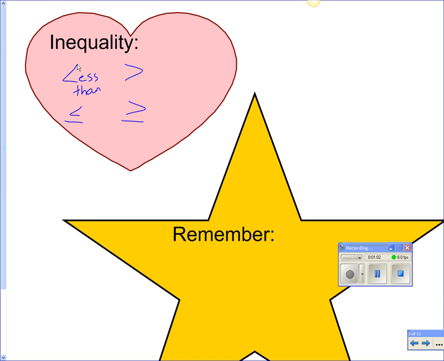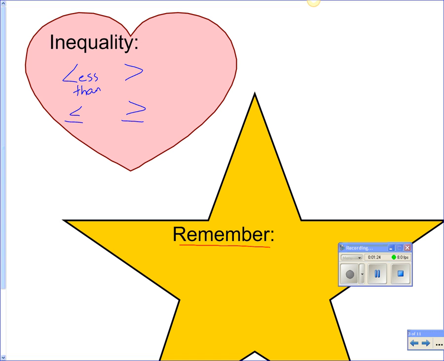And again, the way I do that is, to me, it looks like an L, so it's less than. And so what is this one again? Greater than. What is this one? Less than or equal to, and this one is greater than or equal to, okay?